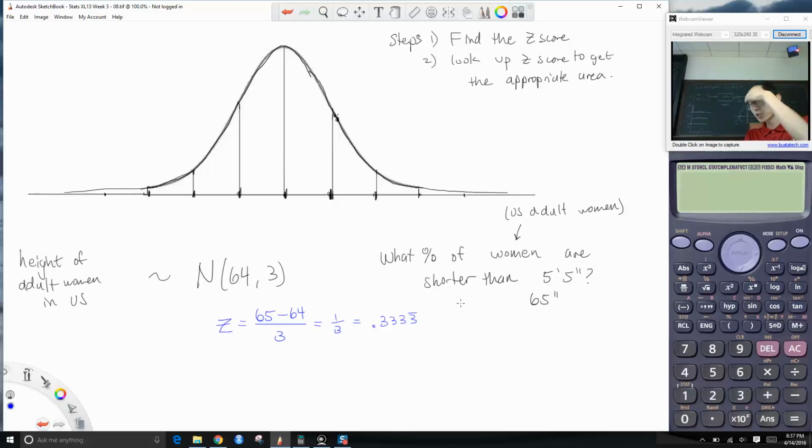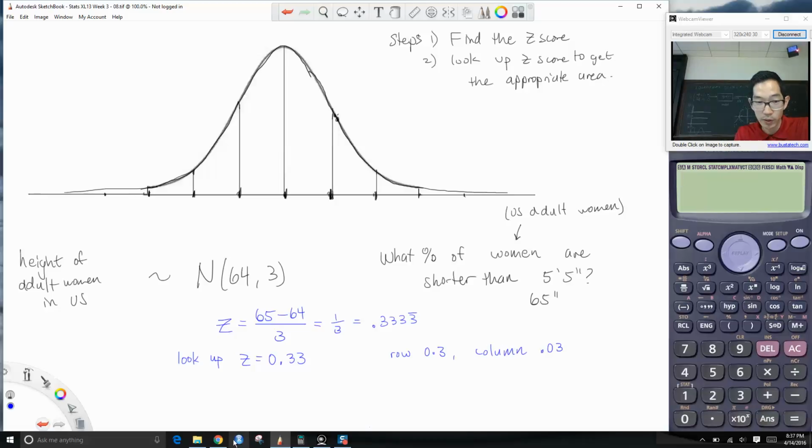In order to look this up in our table, we're just going to round off to 2 decimal places. So we'll look up z equal to 0.33. This means we go into the row 0.3 and the column 0.03.